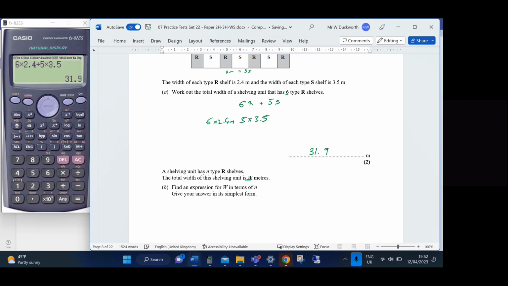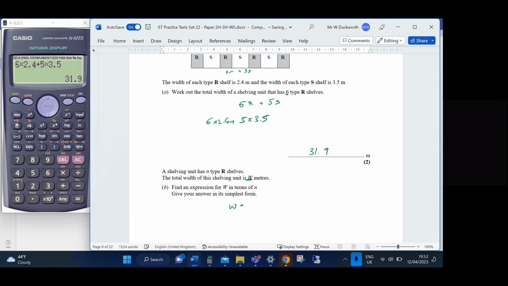Okay, so the shelving unit has N type R shelves. Let me just think about this a second.